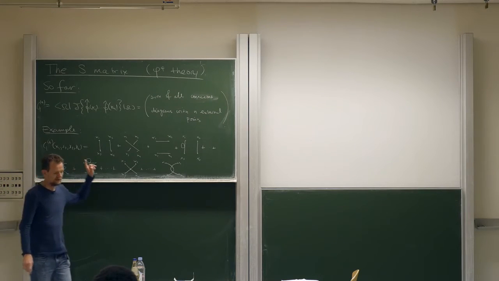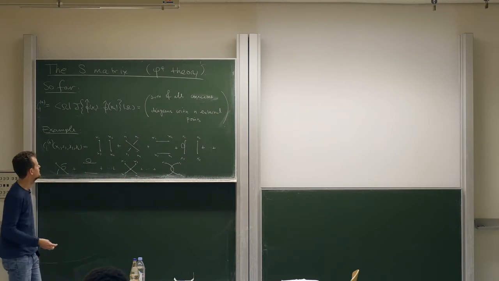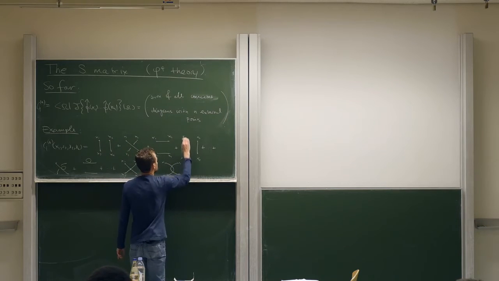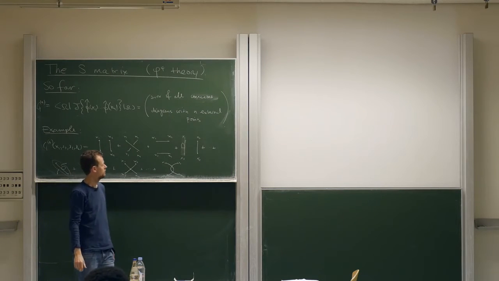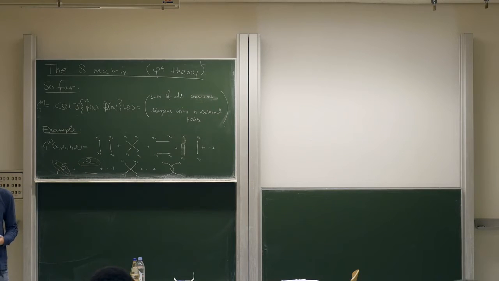So today's task is to simply announce that these diagrams, where there's a loop on some propagator like this, play no particular role in computing scattering amplitudes to low orders.